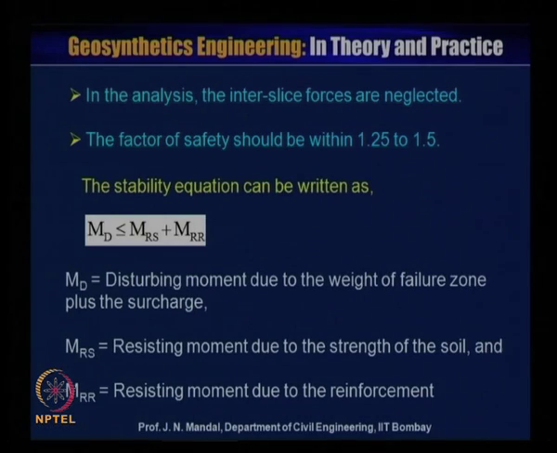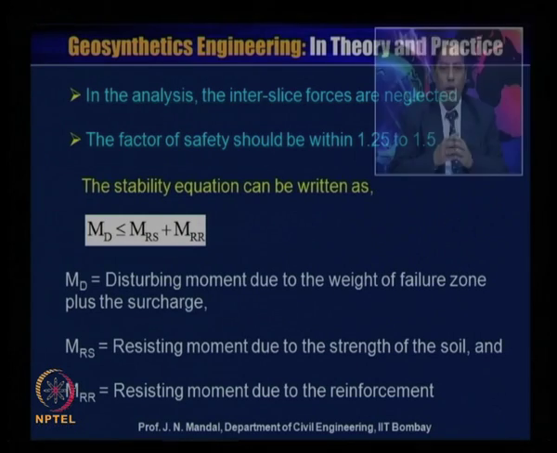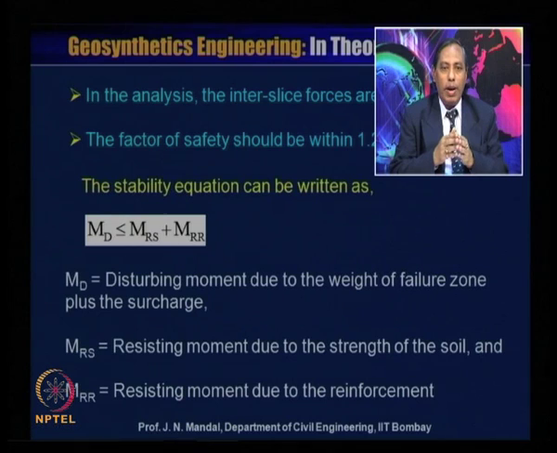For stability, the equation can be written as MD should be less than or equal to MRS plus MRR, where MD is the disturbing moment due to the weight of the failure zone plus the surcharge, MRS is the resisting moment due to the strength of the soil, and MRR is the resisting moment due to the reinforcement. So, it should be that MD is less than or equal to MRS plus MRR.